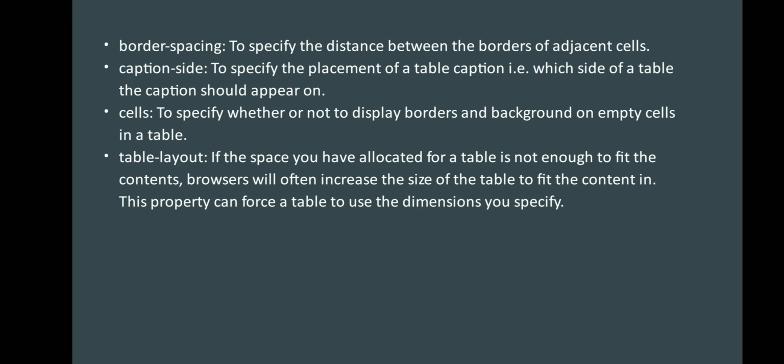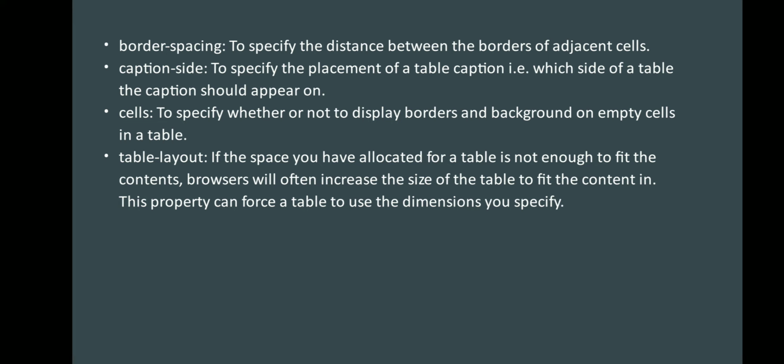Border spacing. This is the spacing between the adjacent cells. In HTML, we used cell spacing. The same work here will be done by border spacing. Border spacing is the space between two borders of adjacent cells.